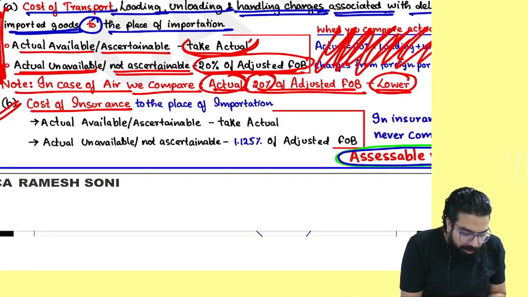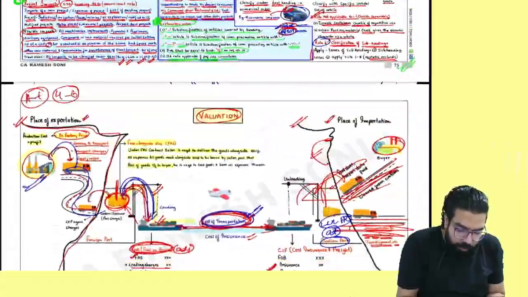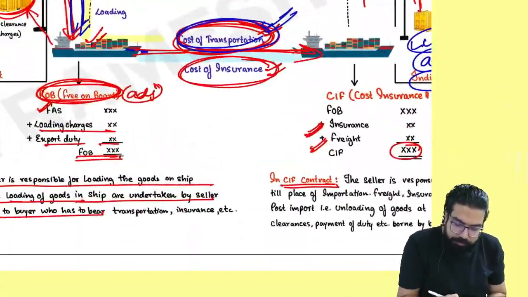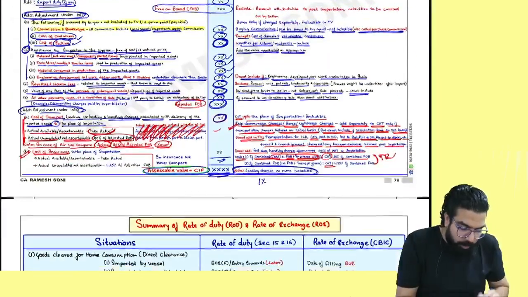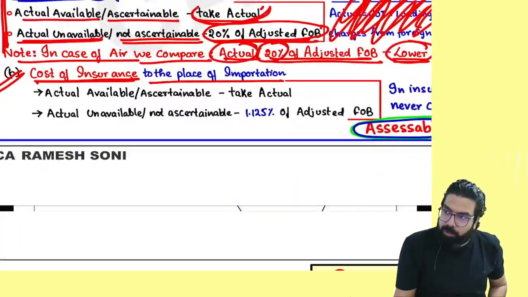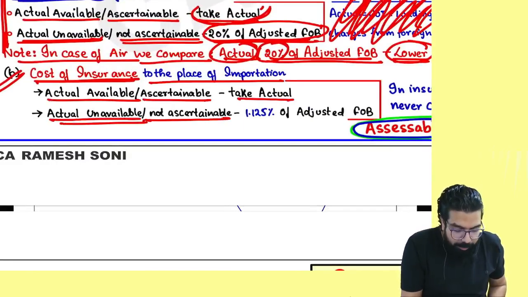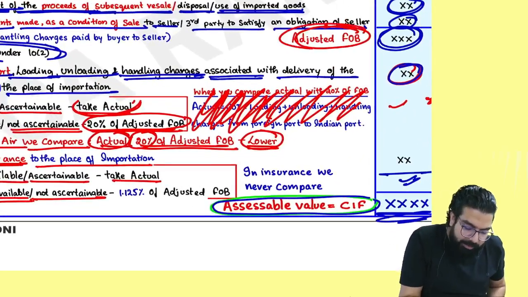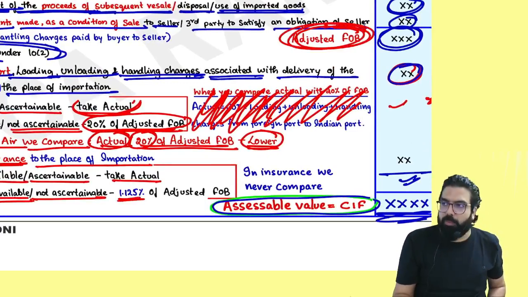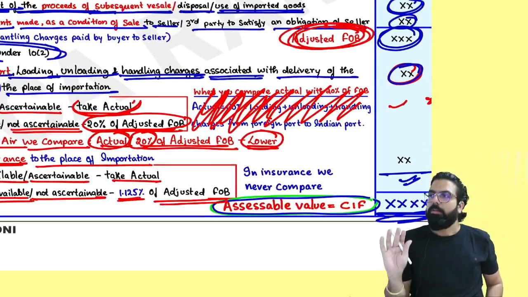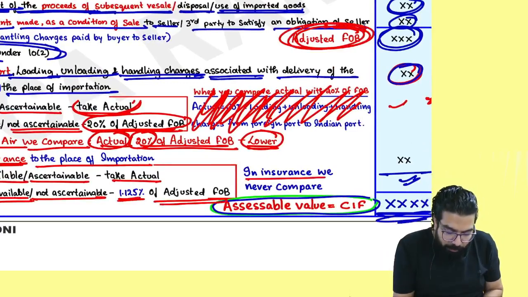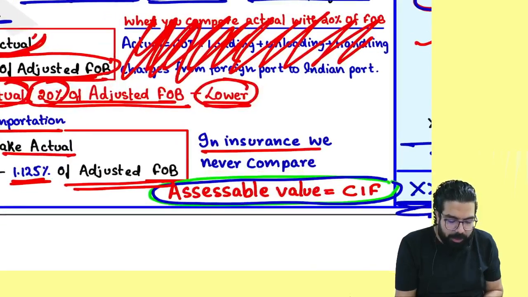Now, cost of insurance, people, on the way, one more expense is there, which is cost of insurance. You can always remember, to the place of importation. If actual is available, take actual. Actual is not available, then take what, everyone? Adjusted FOB का 1.125% of the adjusted FOB, which in case of insurance, we never compare.